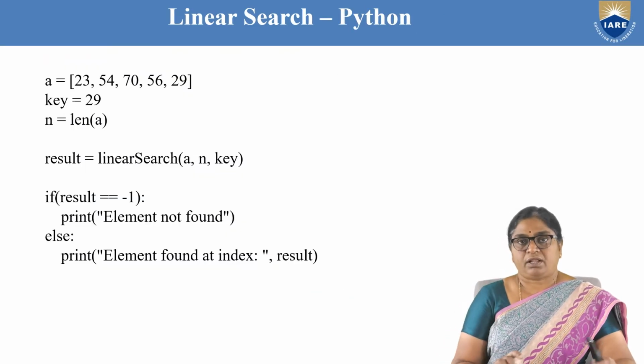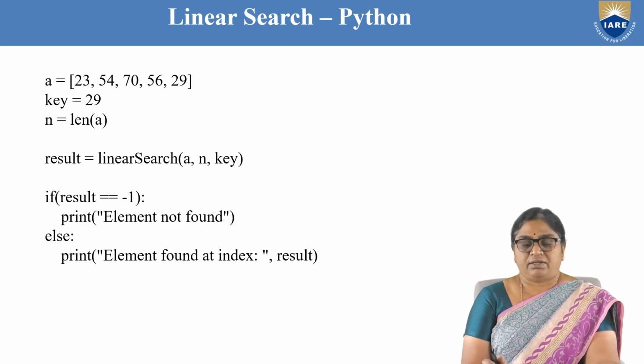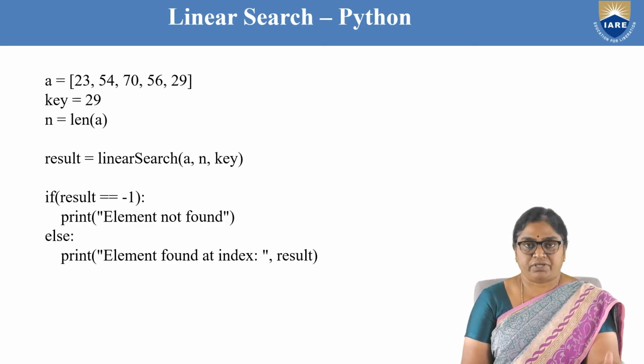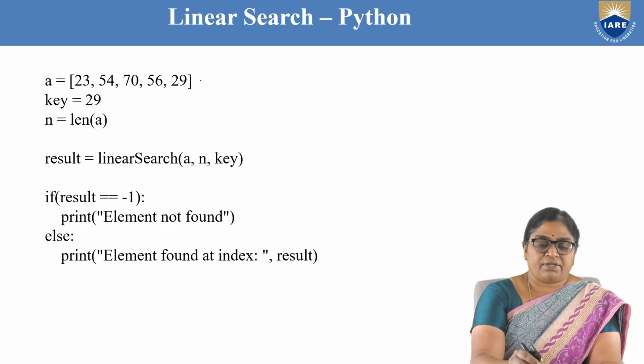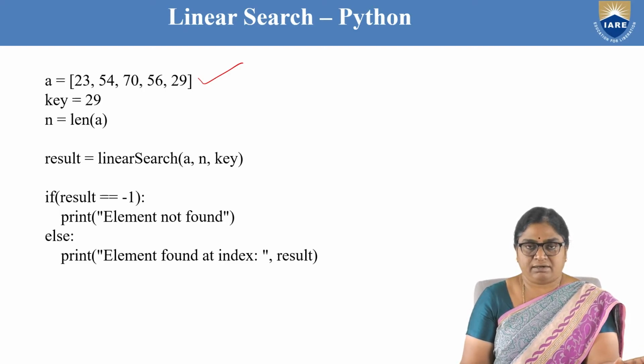So here, implementation of linear search in Python. How do we implement linear search operation using Python programming language? The first statement, A is equivalent to a list of some elements. Here, for simplicity, we are considering an integer list.